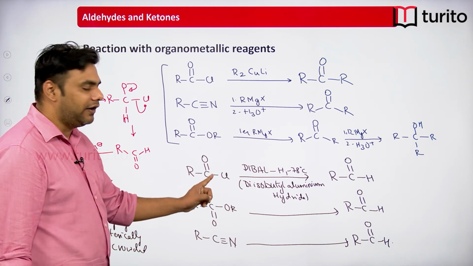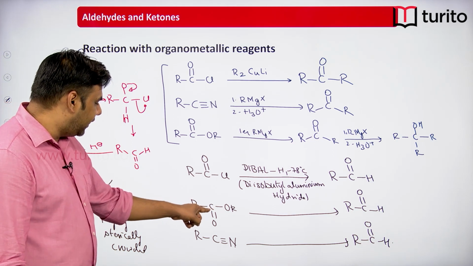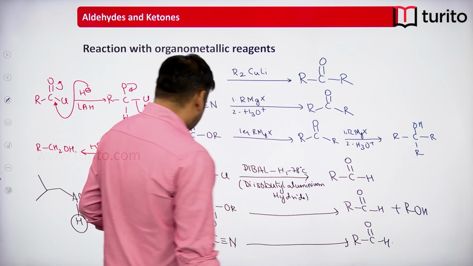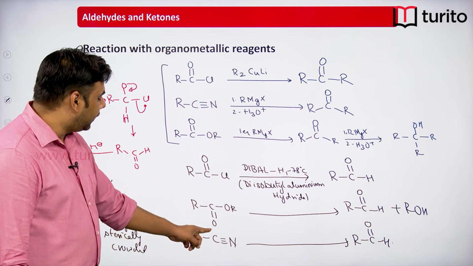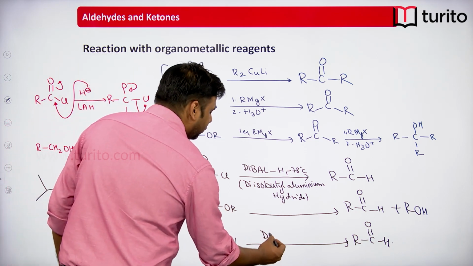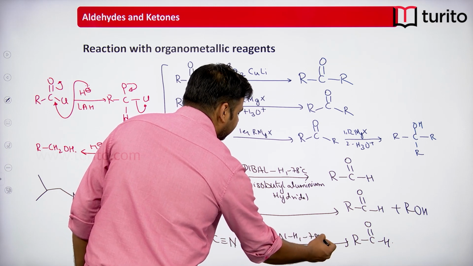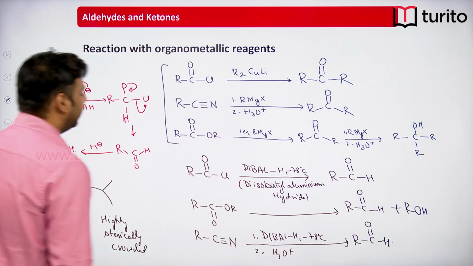So this will provide only one hydride ion and it will convert into an aldehyde. Similarly, with cyanides, it will provide one hydride ion and it will convert into an imine RCH double bond NH. And then in the second step, you do a hydrolysis. Hydrolysis of imines gives us an aldehyde.